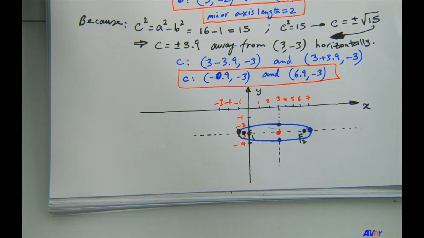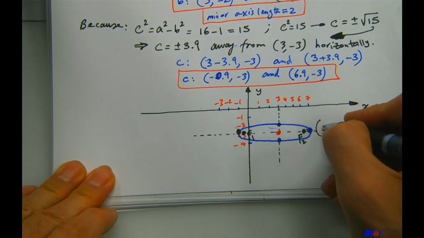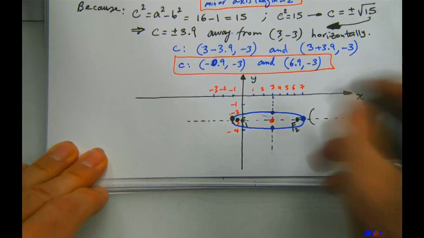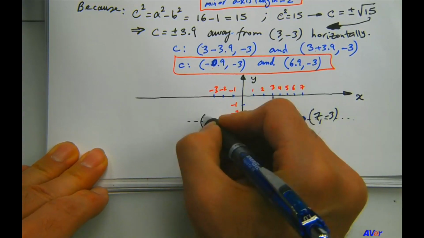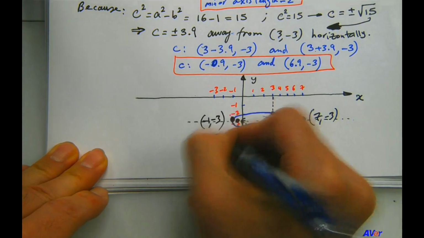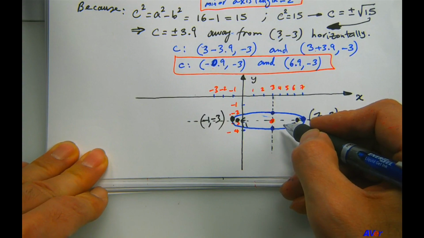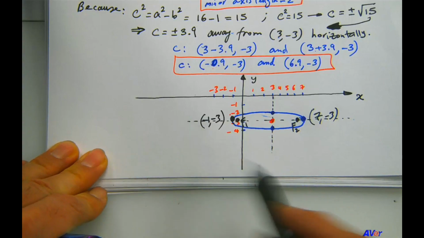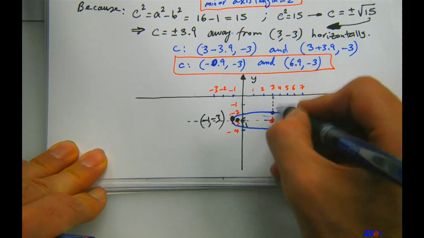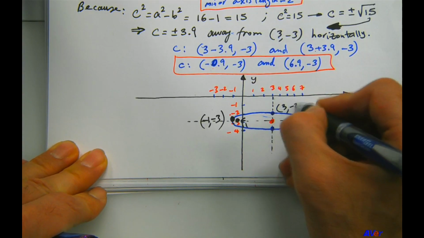Okay, so if you want, we can label these vertices also. So we have this at 7 comma negative 3. This end is at -1 comma negative 3. And this point was 3 comma negative 2.